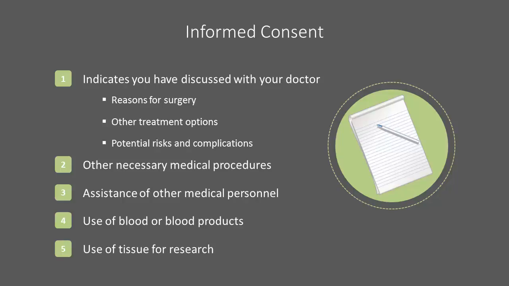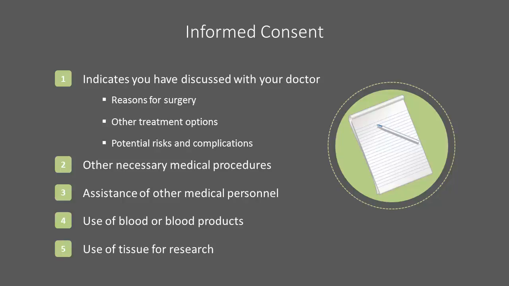The consent also normally includes a note that allows your doctors to use blood and blood products if deemed necessary to save your life. If you have an objection to this, you must notify your doctor and have this section adjusted accordingly. Finally, some centers may ask for consent to use and study tissues collected at the time of surgery for research purposes.